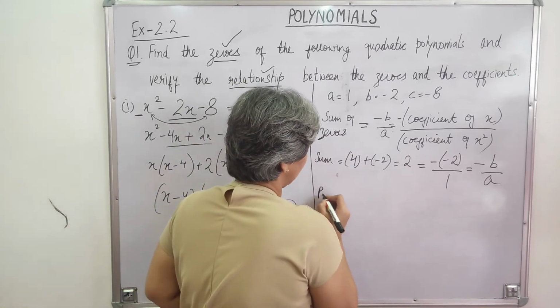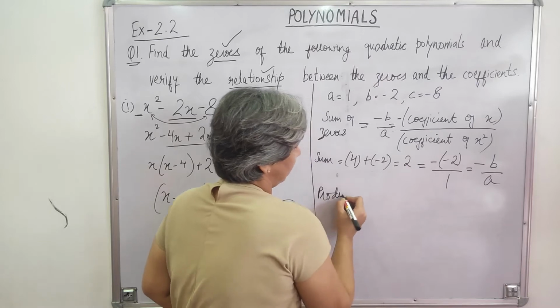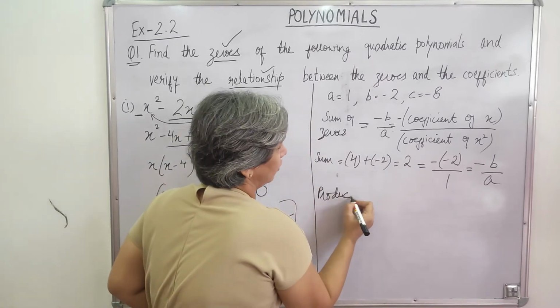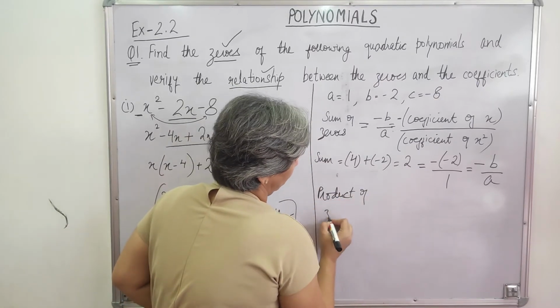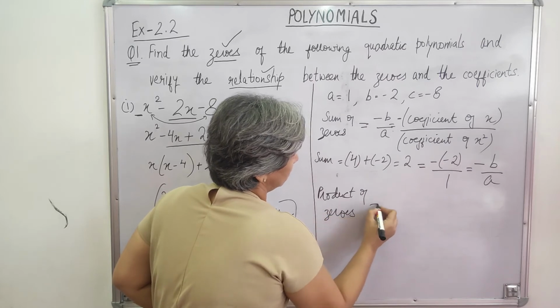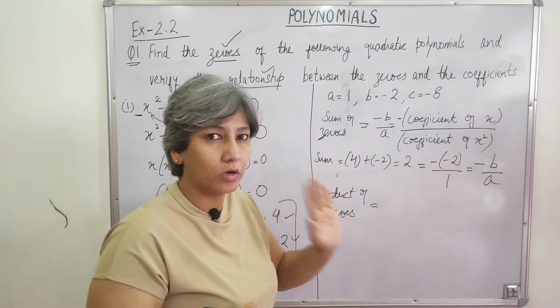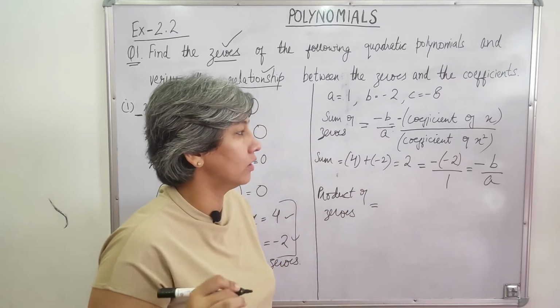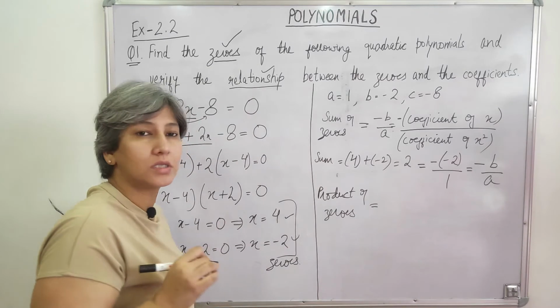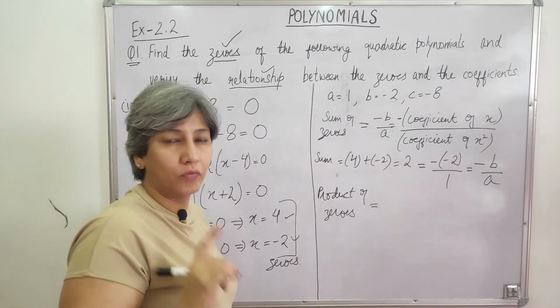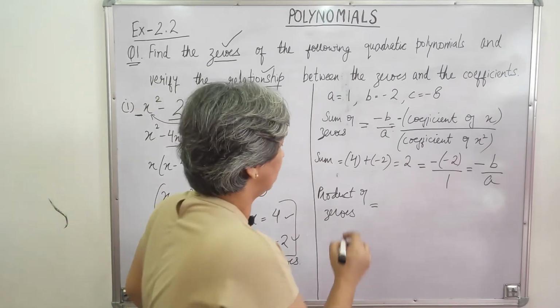Now let's verify it for the product of zeros also. We know the product of zeros is c by a. For the concepts, why sum is minus b by a and why product of zeros is c by a, you can check out my video for the concepts, right?